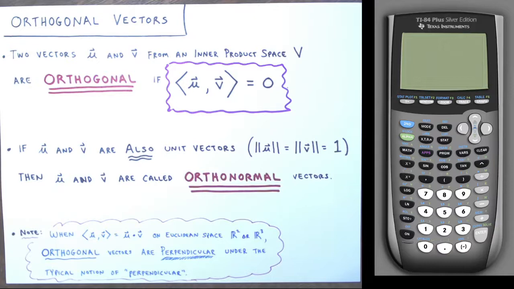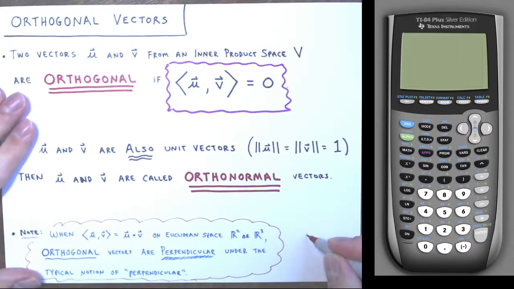Remember, two lines are perpendicular if they meet or intersect at a 90-degree angle. I remember that was usually denoted by a little box like this, so these two lines I just drew would be considered perpendicular.